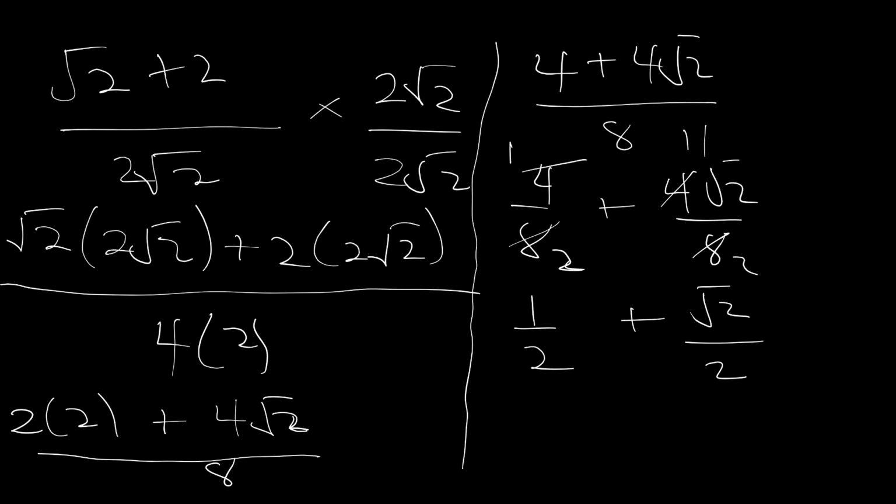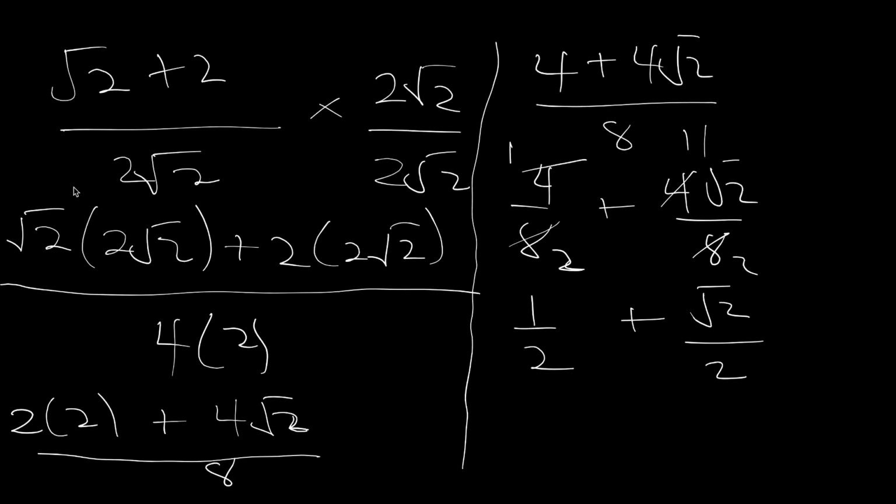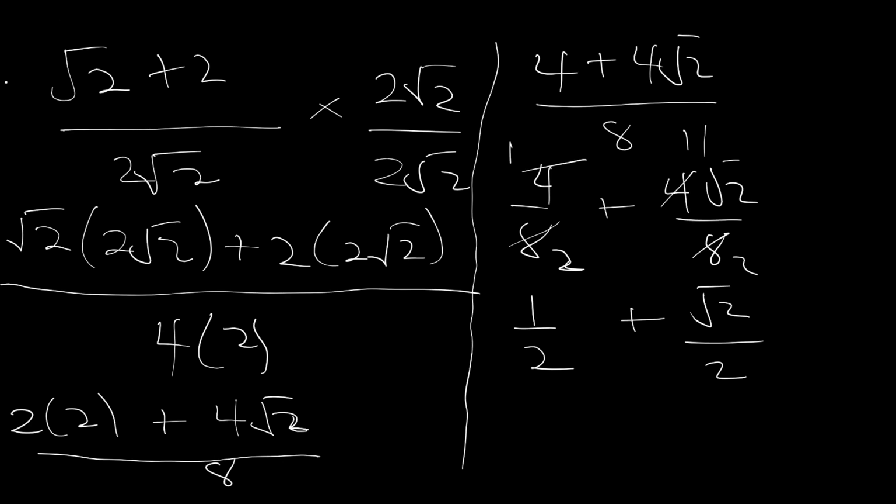But then in our previous expression, we know that 1 over 2 plus 1 over root 2 is all over root 2. So our numerator side, which is now 1 over 2 plus root 2 over 2, will be over root 3.